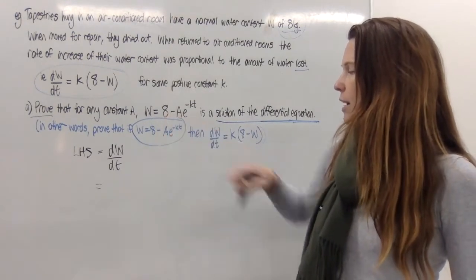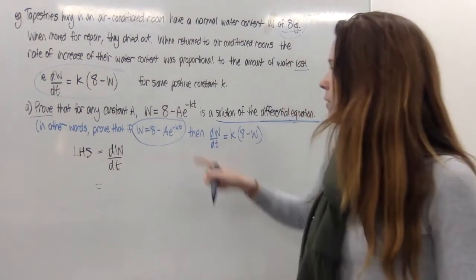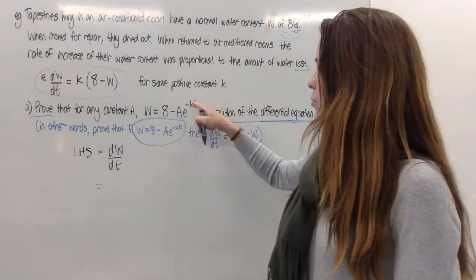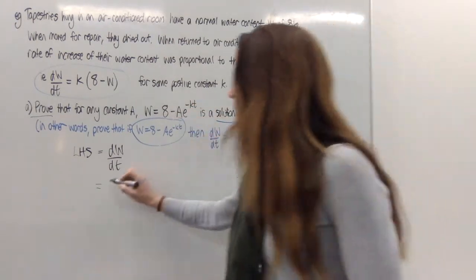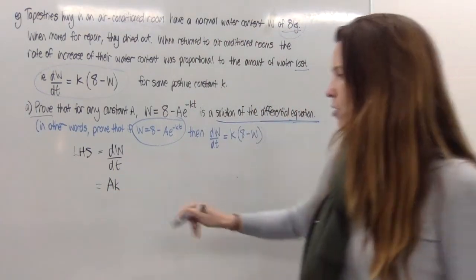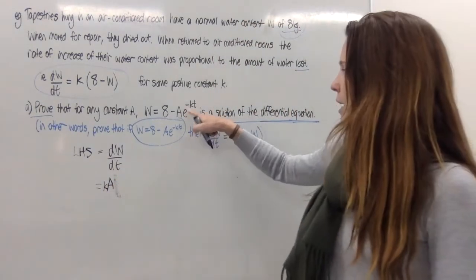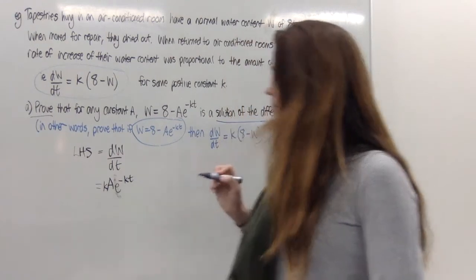So we're going to ignore the 8 because it's got no t's in it and we're differentiating with respect to t. We're going to differentiate what's up here in the power and get minus k, bring that out the front, multiply it by our minus A, and that will give us positive Ak, which can be written in either order. In fact, let's write the k first. And then we get the exponential part. We just need to rewrite that exactly as it was.